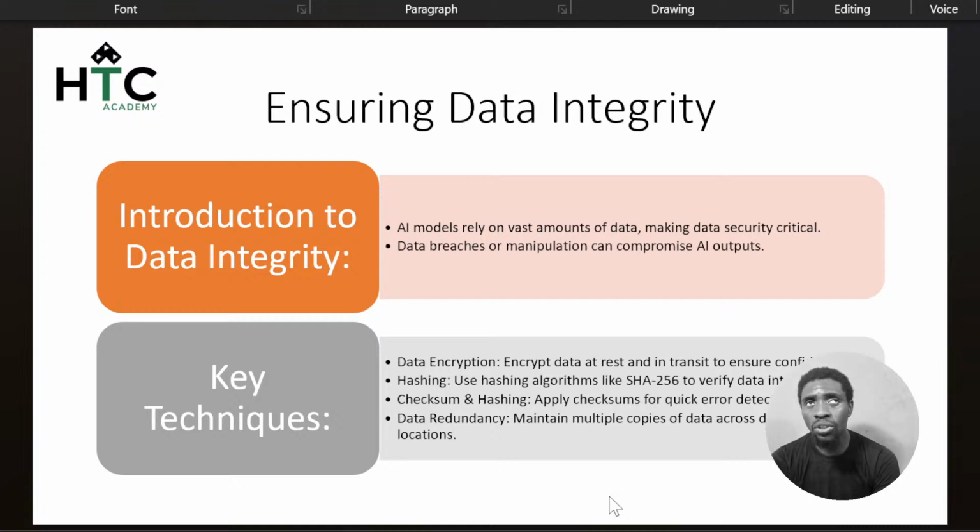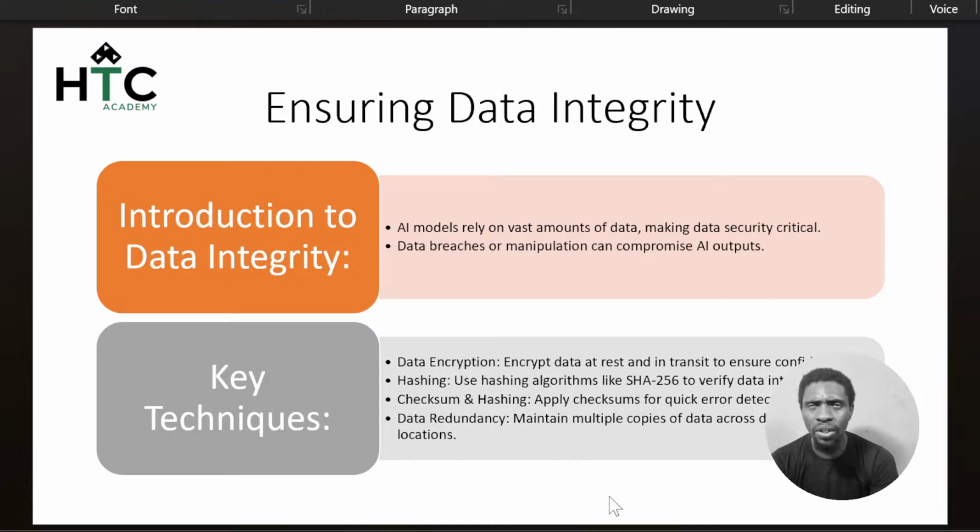Because data is the most important aspect of AI development, it is also the focus for attackers. Attackers want to engage and see how they can breach the data in the AI system. They want to see how they can expose the data used to train an AI system.